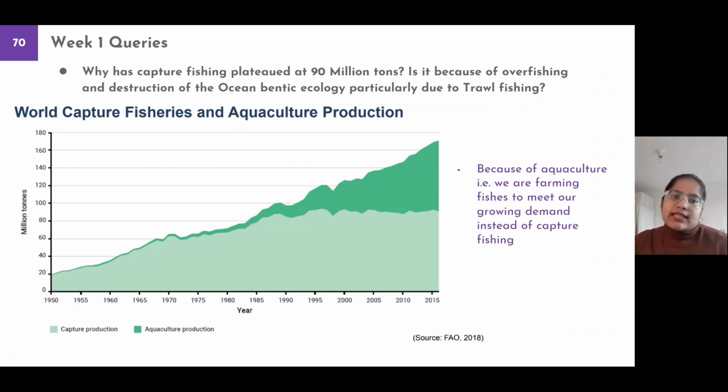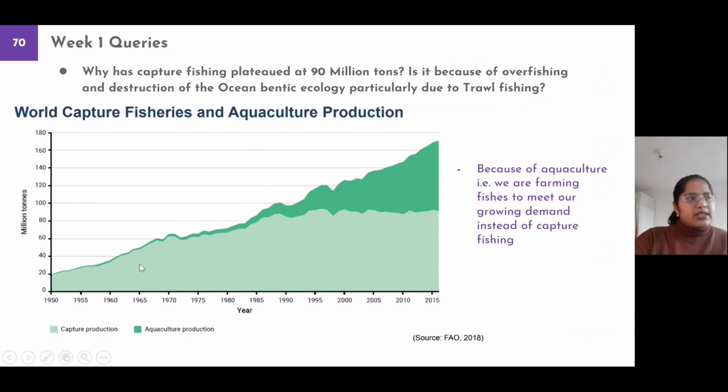Moving on, why has capture fishing plateaued at 90 million tons? Is it because of overfishing and destruction of the oceanic benthic ecology, particularly due to trawl fishing? This graph basically shows the capture fishing and aquaculture production.